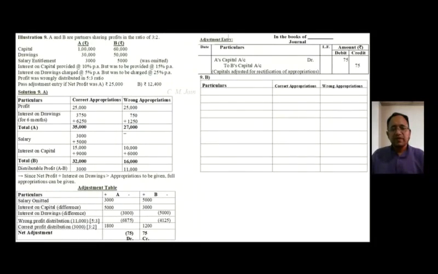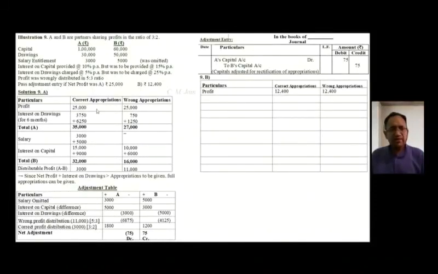The first thing we will write over here is profit. Now in case B, how much is the profit? Rupees 12,400. So in both the columns, we will write 12,400. Now we will write interest on drawings.